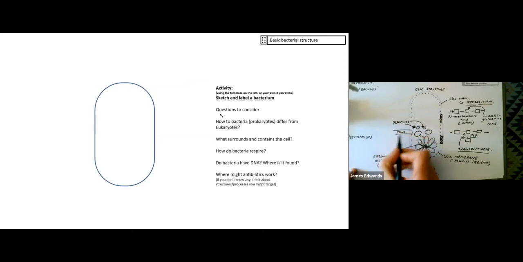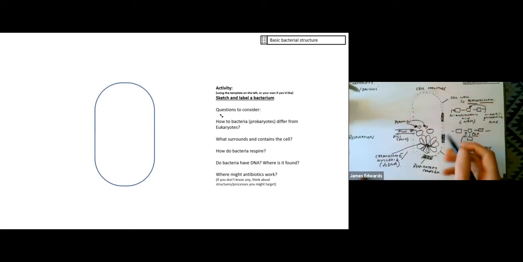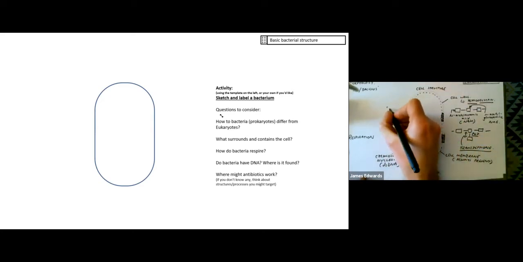A pilus, or pili, which is the plural, are essentially protein tubes through which plasmids can move. Pili can also move backwards and forwards, and they also have a role in attachment. The attachment aspect is also important when we consider another broader class of molecule called adhesins.